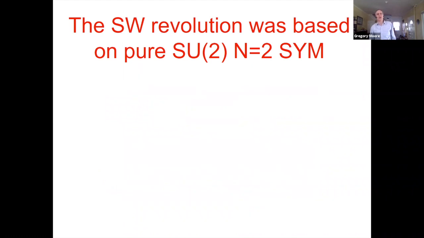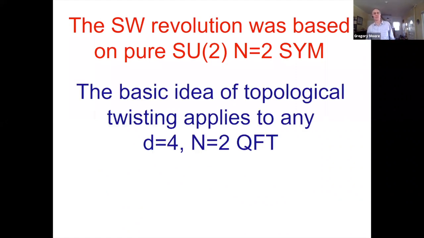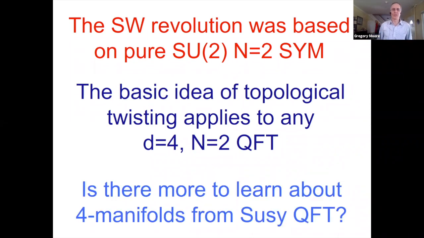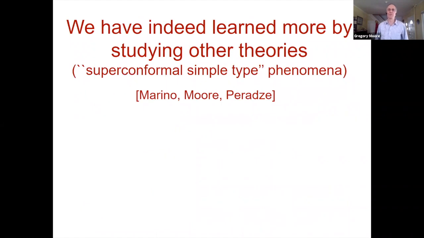So we don't really know, but the Seiberg-Witten revolution was based on pure SU(2) N=2 supersymmetric Yang-Mills theory. On the other hand, the basic idea of topological twisting applies to any four-dimensional N=2 quantum field theory. So is there more to learn about four manifolds from supersymmetric quantum field theory? So that's the motivation. Now, indeed, we have learned more by studying other theories.